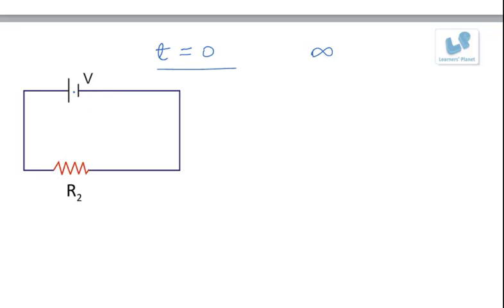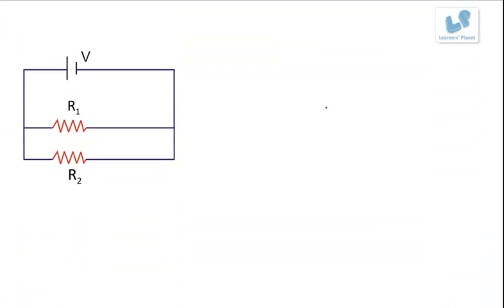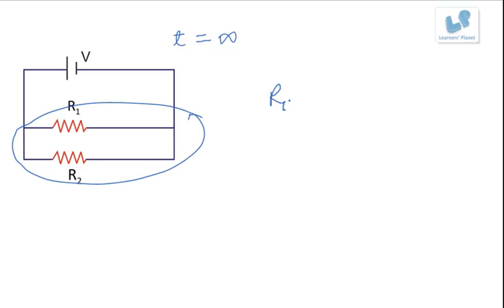Now we can find out the current that will flow through this. The current I will be equal to V by R2. Now at t equal to infinity the middle arm has to be considered. Now the effective resistance of this, which is in parallel, will be given by R1 R2 upon R1 plus R2.